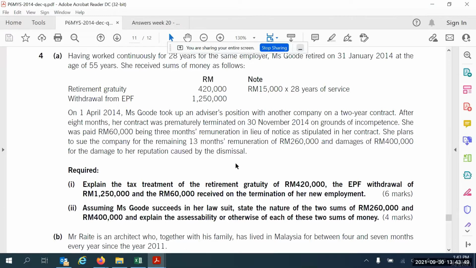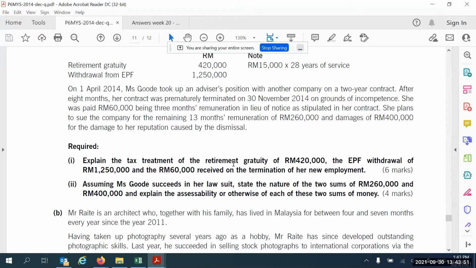Now, number 2 is a bit harder. 260 and 400. If you do not know one of them, then you do the other one first. These are all simple things that you should be aware of. For small questions like this, you don't really need a title because it's not question 1. But if you want, you can put something like a sum of 260,000. It doesn't matter.